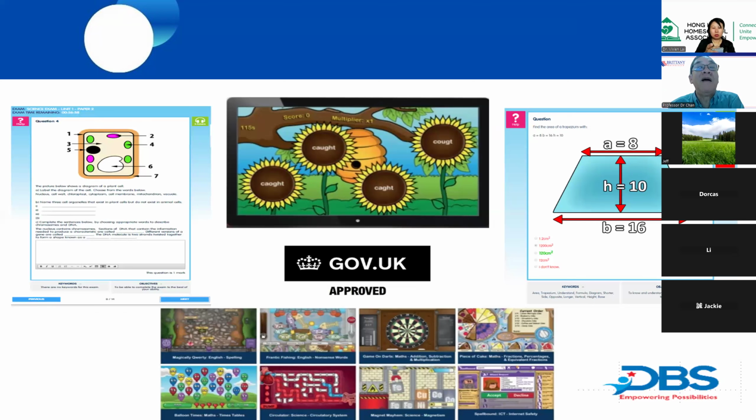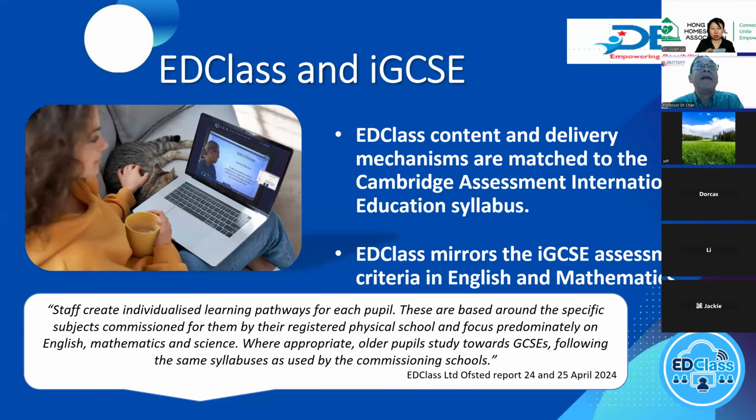So as I said, there is UK government approved provision for online education catering to your British curriculum that covers both the GCSE as well as the IGCSE. Okay, so those of you who know about your IGCSE, where they are taken up by overseas international schools or learning centers or homeschool, most of them would actually choose the Cambridge Assessment International.